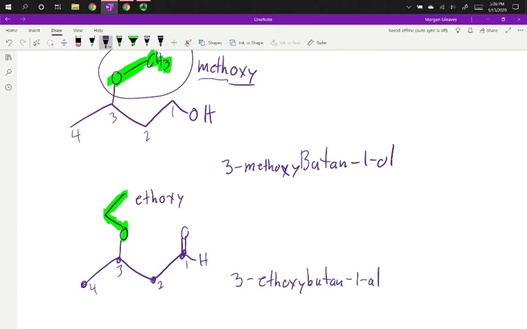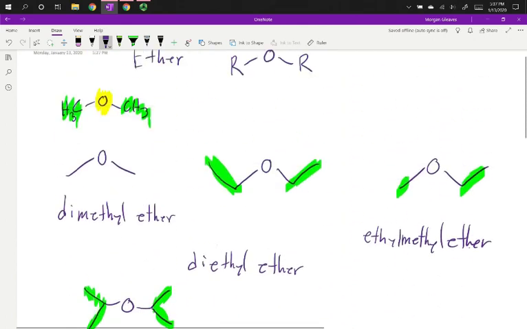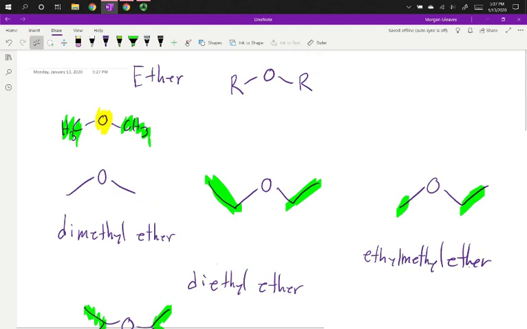And so ethers on their own don't have a new functional group suffix. But ethers as a subgroup are not uncommon in biology and chemistry and industry. And so they do show up as subgroups some of the time. Really what we're learning here for ethers isn't so much the name for the ether group itself.